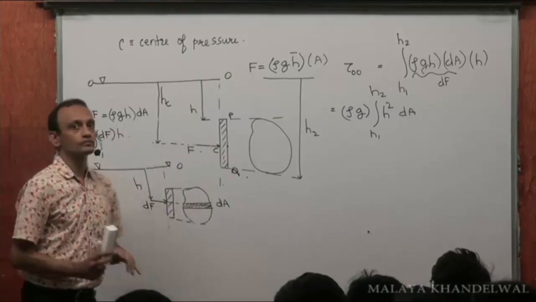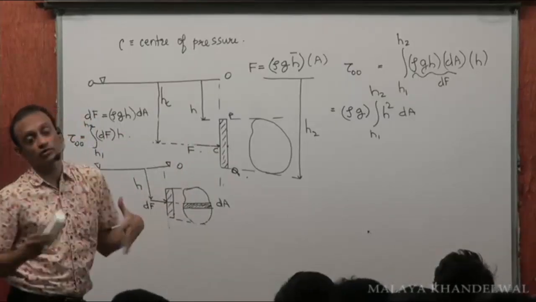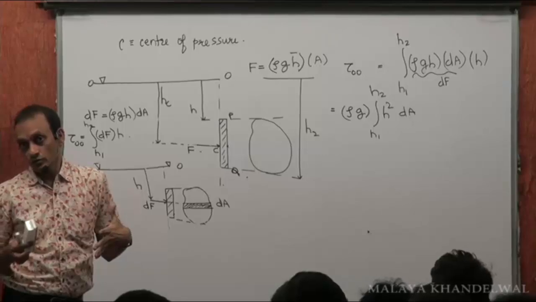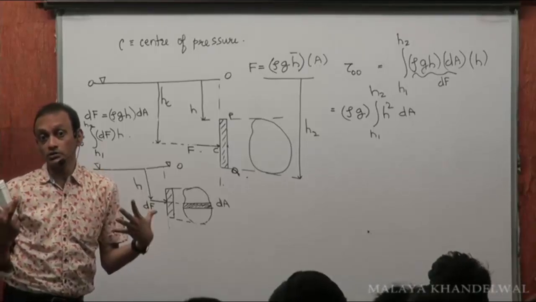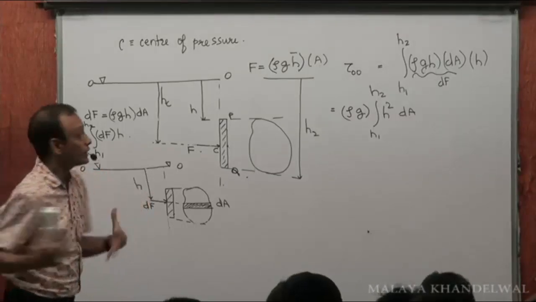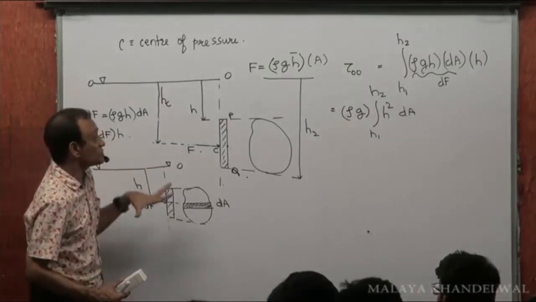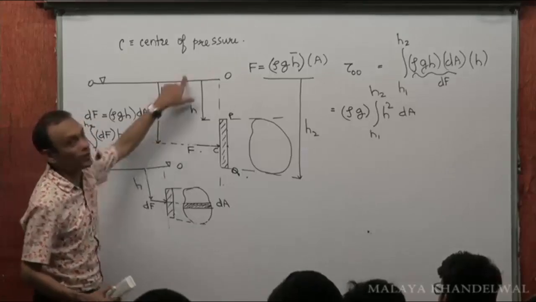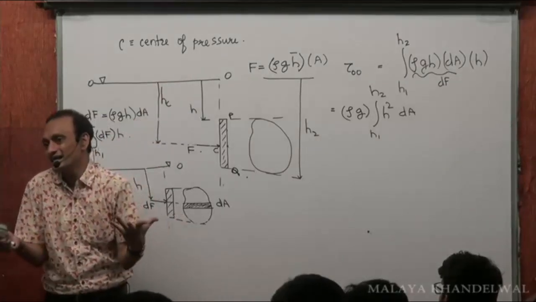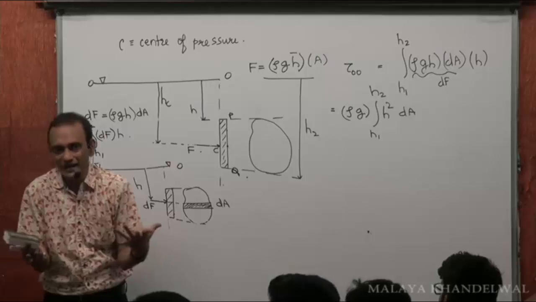Now, the reason I computed the torque of all the forces is because now I was looking at a rotational aspect of it. Now the torque of all the forces about the free surface should be the torque of F about the free surface. That's when this F would be considered equivalent, yes or no?